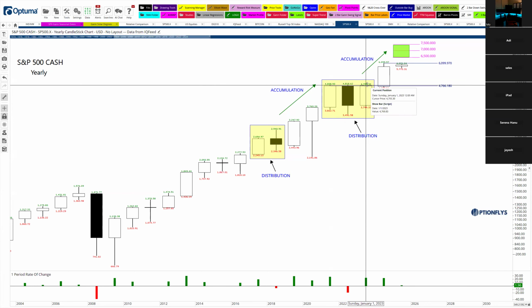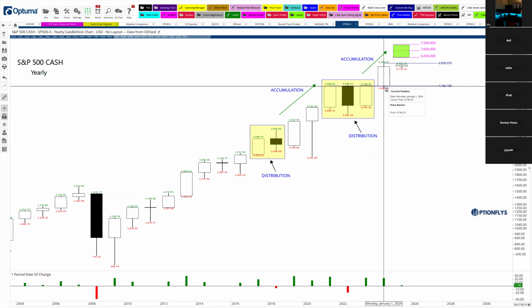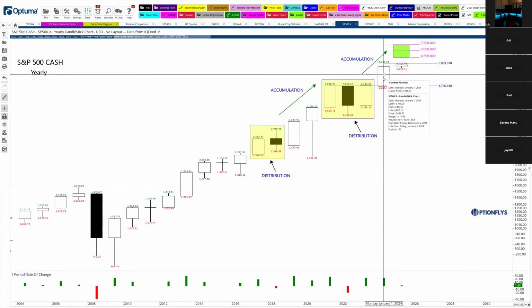You have a triple top. When has the market ever topped at a triple top? It's going to get taken out.